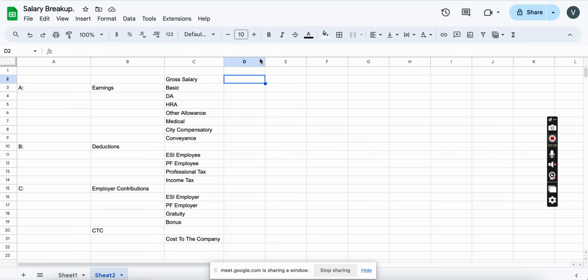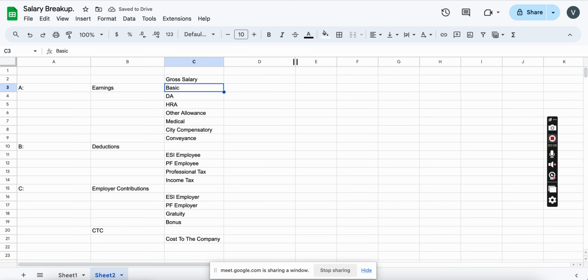When we want to prepare a salary structure to release an offer letter to any employee, what we first need to consider is the basic, and basic is calculated on gross salary. For any salary structure I want to create, first we need to decide a lump sum gross.